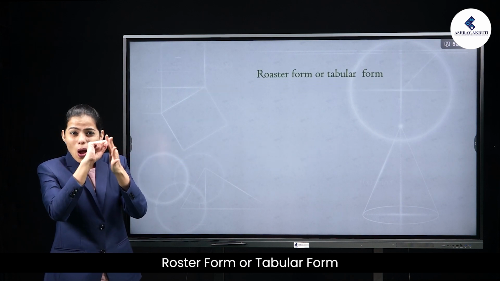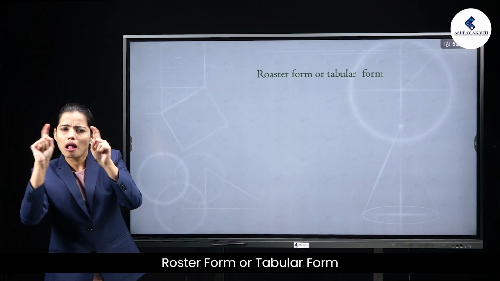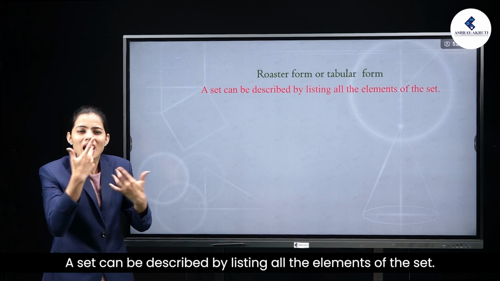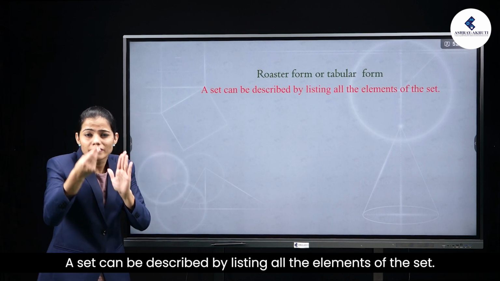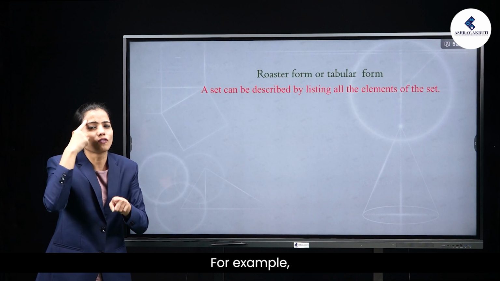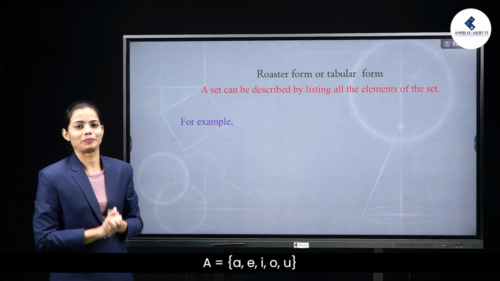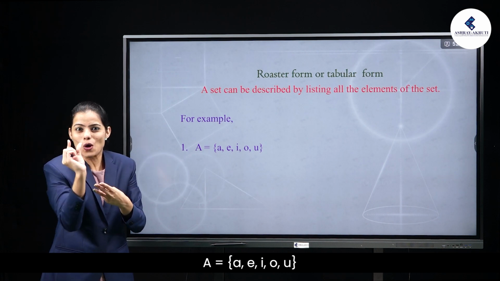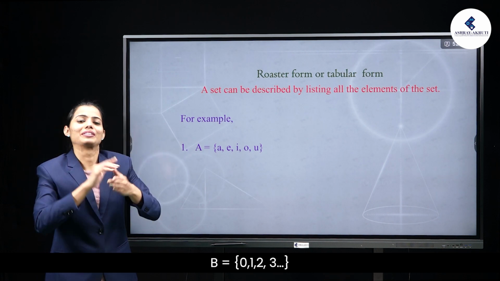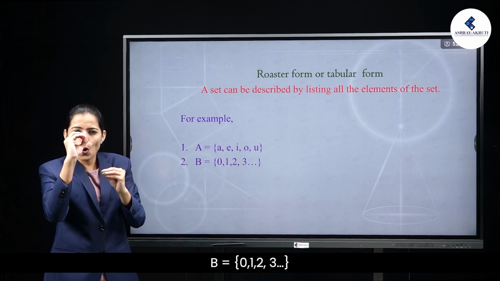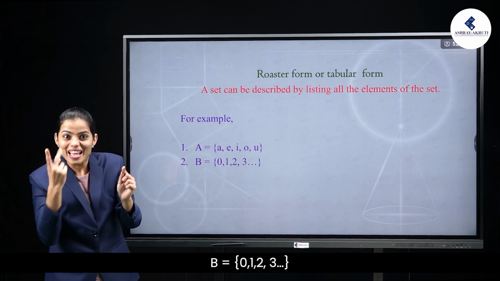Roster form or tabular form. A set can be described by listing all the elements of the set. For example, A = {a, e, i, o, u}, B = {0, 1, 2, 3}.